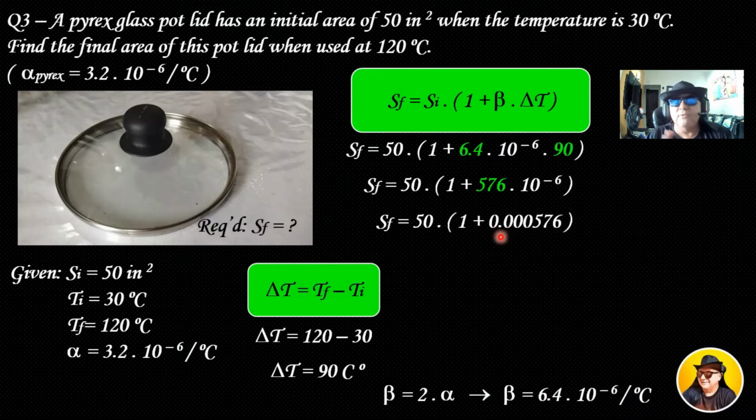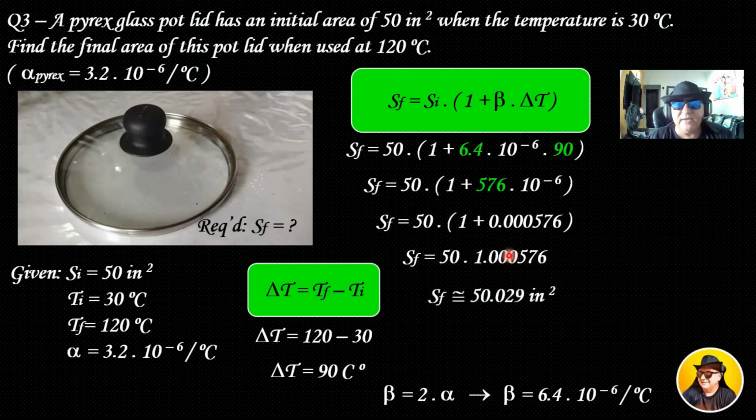So the result is 0.000576. Now this number 1 is going to add up to this number, so it is written right here. Our final surface is 50 times 1.000576. Doing this multiplication, the final surface is about 50.029 square inches.